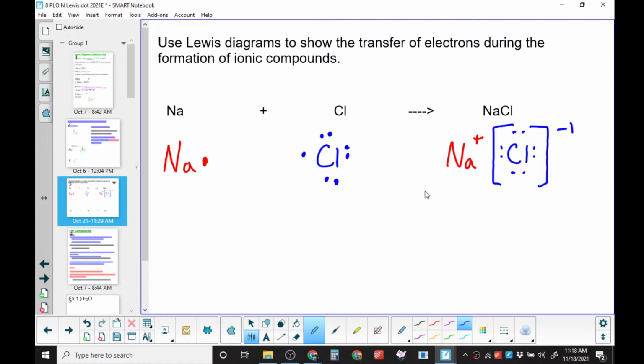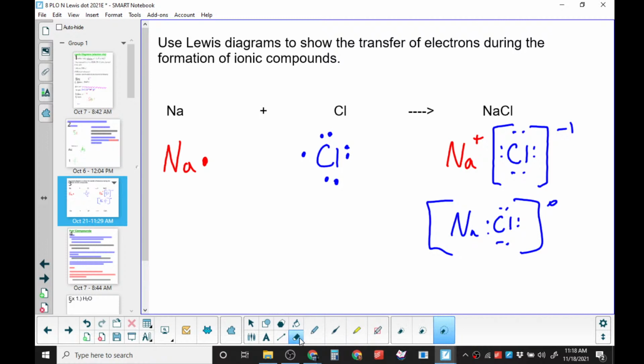If you put both of them in square brackets, is that what you said? Yeah, but then they don't have a charge because +1 - 1 is 0. So if you go NaCl, square brackets, it would have to be... Oh, you did.